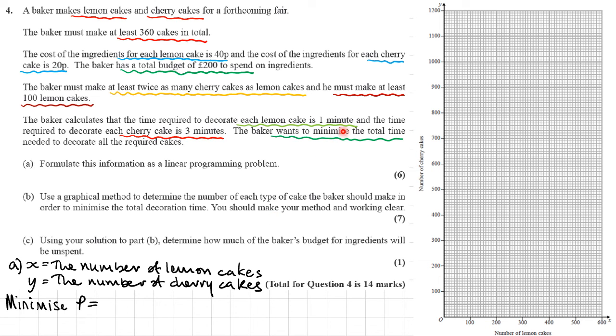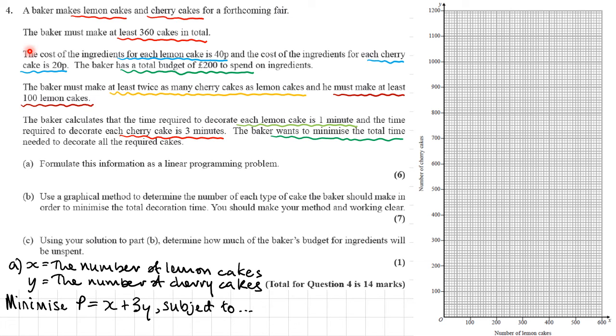This is a minimization question, minimizing the total time, so we're going to minimize P. Each lemon cake takes 1 minute, so that would be 1x, and each cherry cake takes 3 minutes to decorate, so plus 3y, and we want to minimize that time. It's going to be subject to some constraints, and we'll write those constraints down.